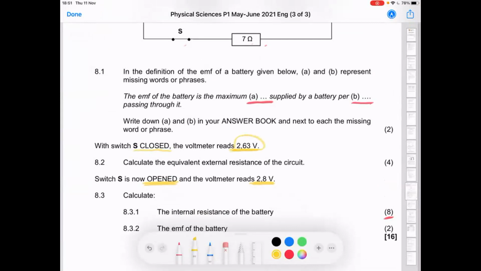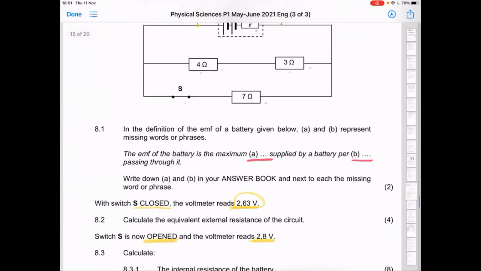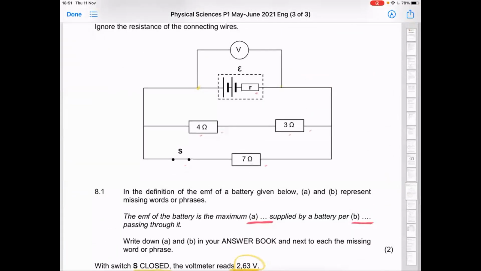So when S is closed, and if we look up at the circuit diagram here, the circuit is as we can see it here. All three resistors are connected in the circuit, and they want us to find the internal resistance R.